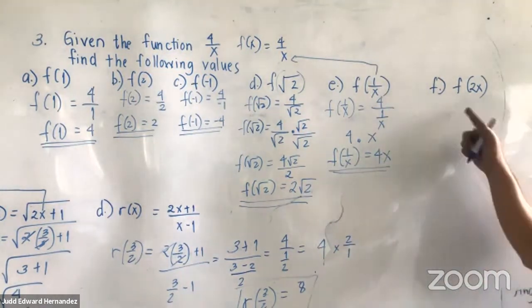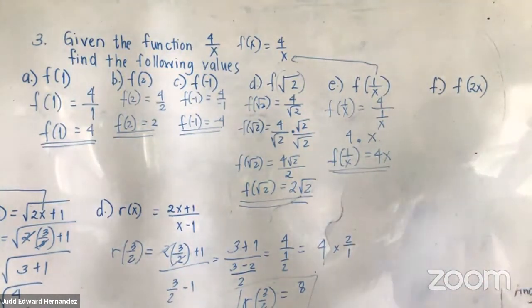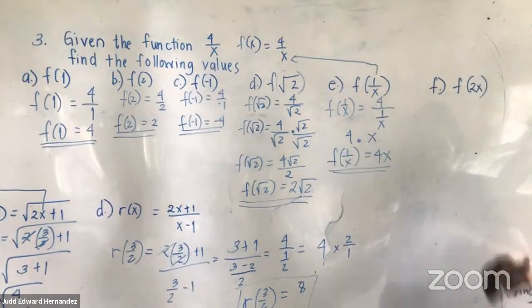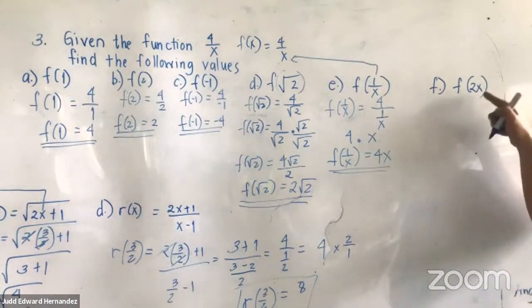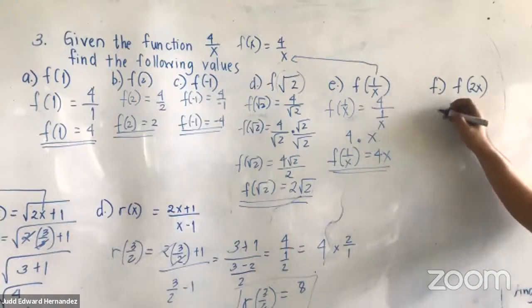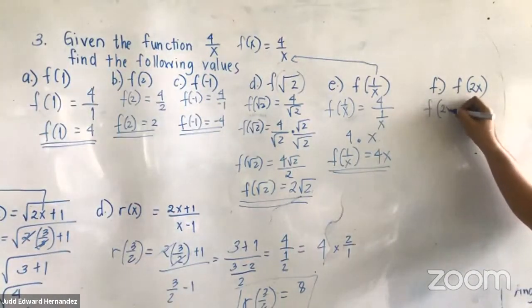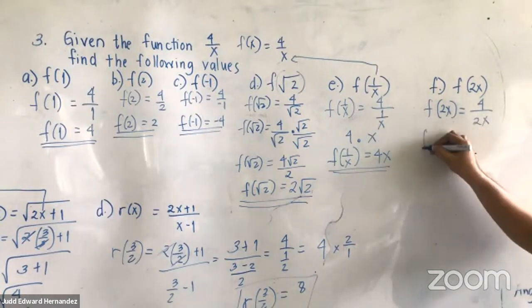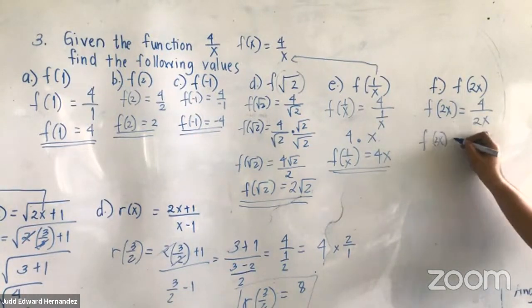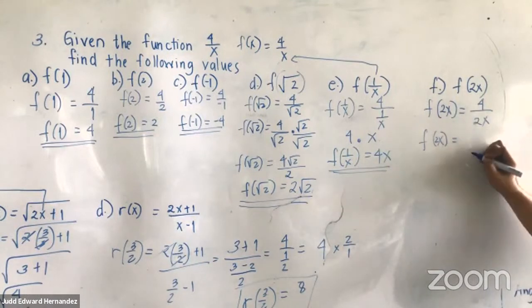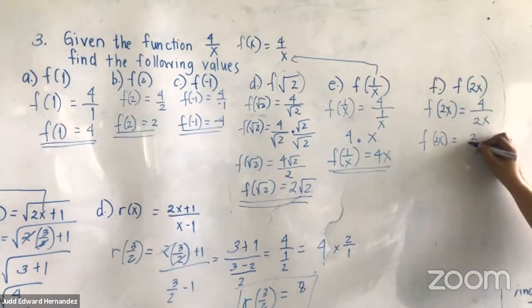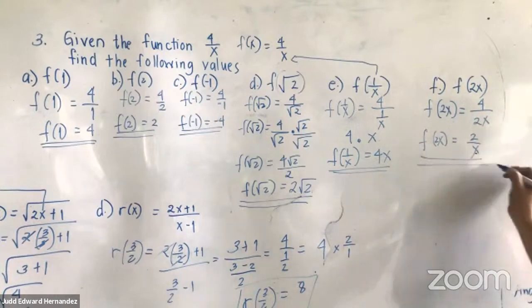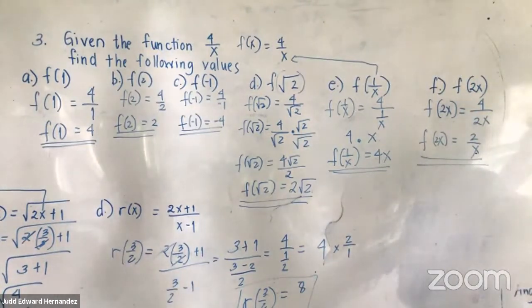And for the last given, we are given f of 2x. So we just need to replace x with 2x. And f of 2x now is equal to 4 over 2x. Or that is f of 2x is equal to 4 divided by 2. So we'll be having 2 over x. And this is the answer if you're asked to determine f of 2x given the function 4 over x.